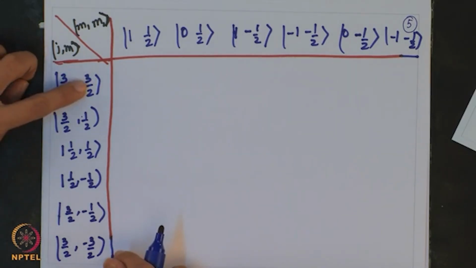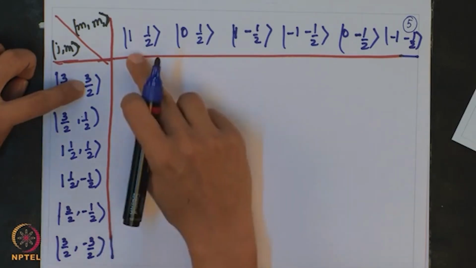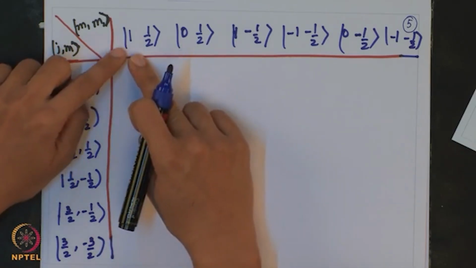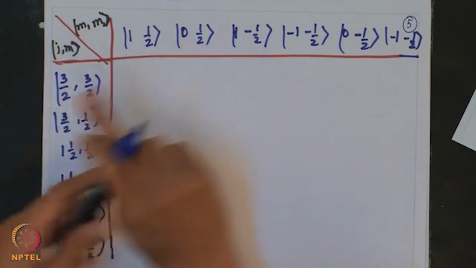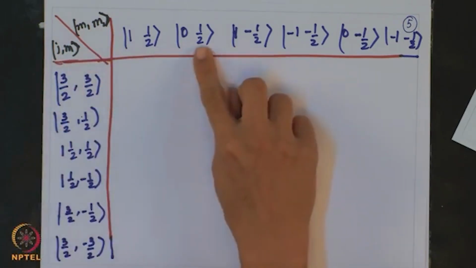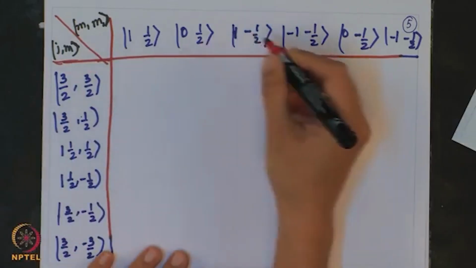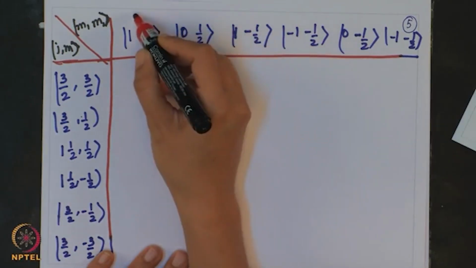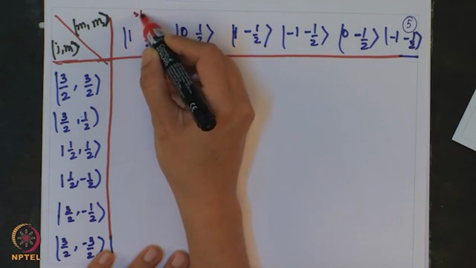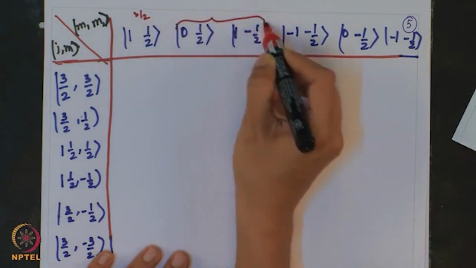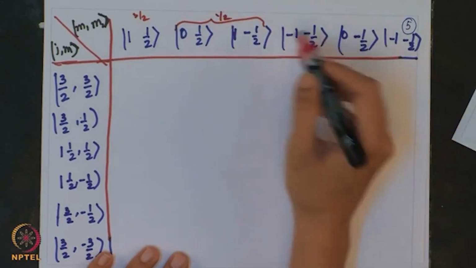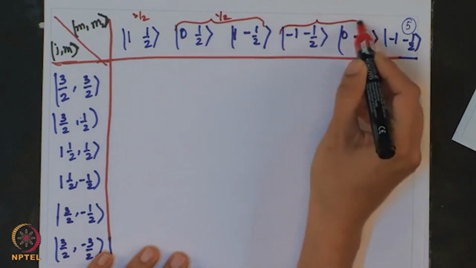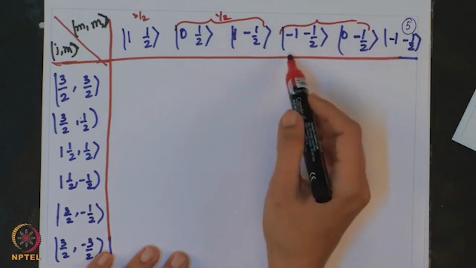For the highest possible state, I can have maximum M value as 3 by 2, and here you can see the maximum M value, that is M1 plus M2, is 3 by 2. Here the maximum M value is half, and this will also give me half. So, here M is 3 by 2, here M is half, and here M is minus half.